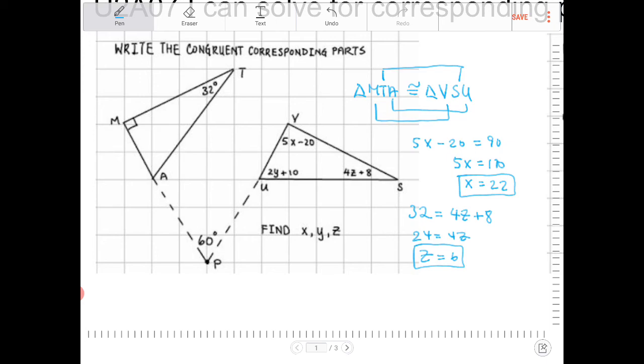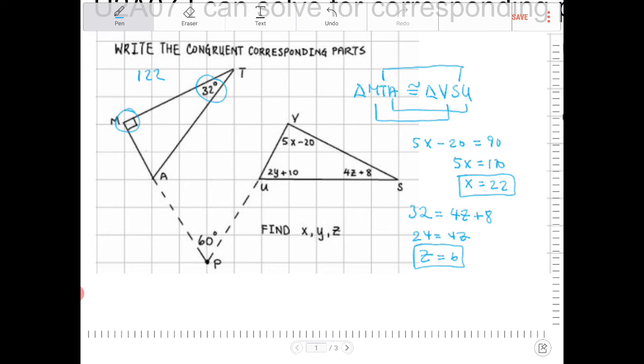Similarly, angle U corresponds with angle A. I'm not told what angle A is. However, I am told that this is a 90-degree angle, and this is 32. The leftover angle must therefore be the difference between 180 and the sum of those two angles. The sum of those two angles is 90 plus 32, which is 122.